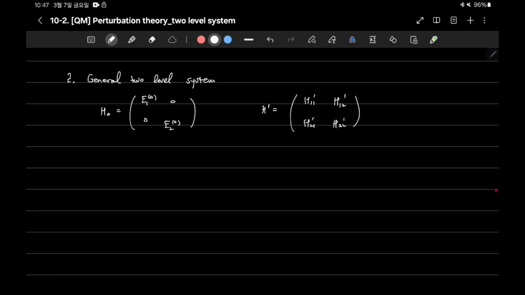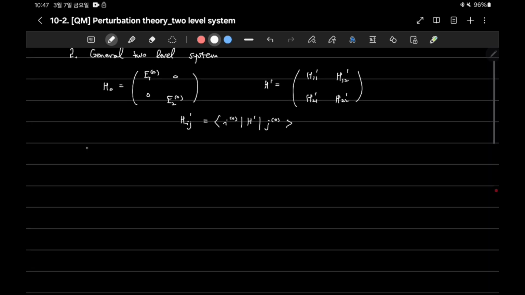In the matrix representation, Hij prime can be written as H prime in the basis of i0 and j0. Here the Hamiltonian can be written as H0 plus lambda H prime, where we denote lambda as a parameter.